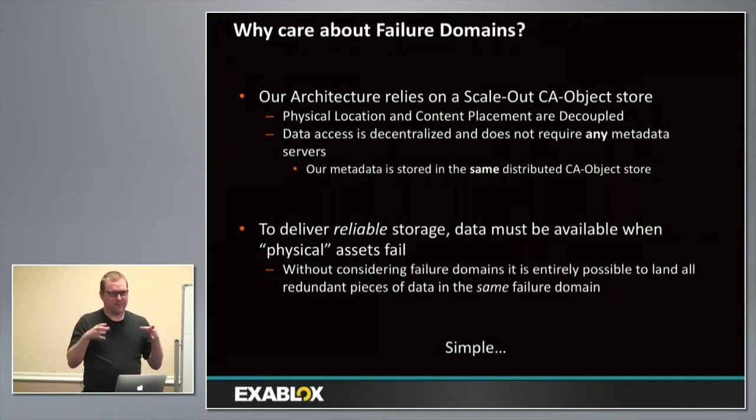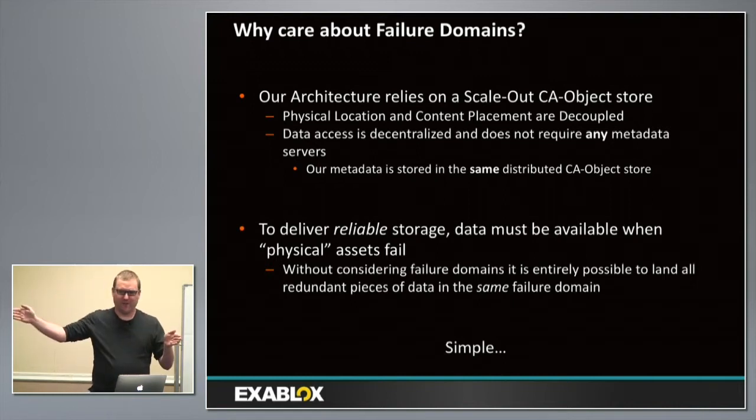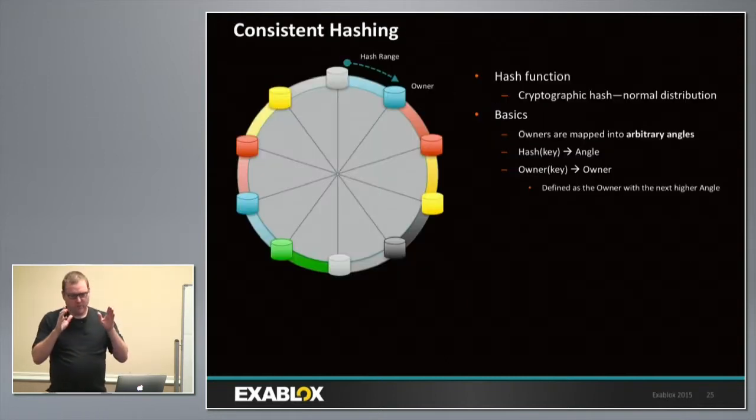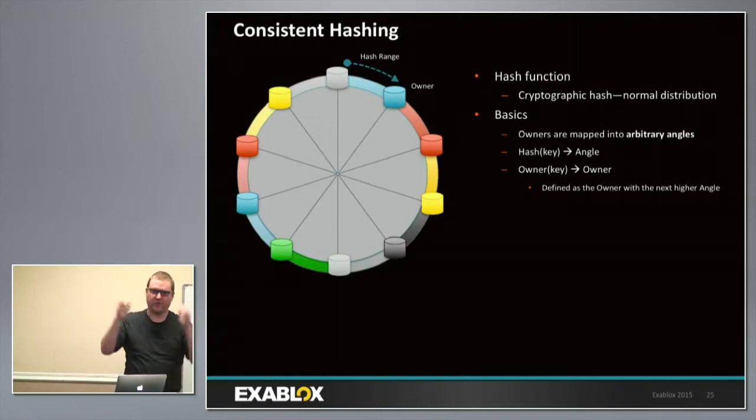That creates a slight problem, because in this model you want to distribute your data across failure domains, so that if you have a failure, you can still have the data somewhere else. When we talk about looking up the content, the typical model is a consistent hashing ring. You take a circle and carve it up into slices.